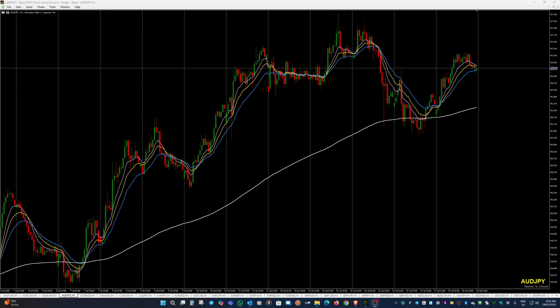This pair looks like it would be a good one for me to trade, and the reason being it looks like we've had a pretty big pullback here after a long trend upwards, and we've had a turnaround at the 200 EMA and now it's beginning to go again.